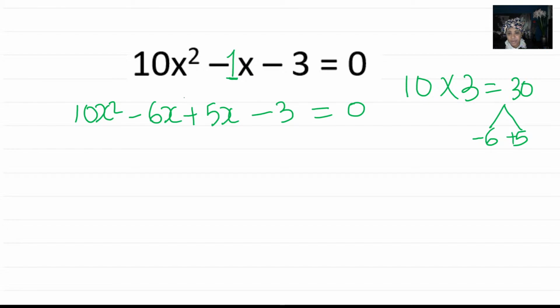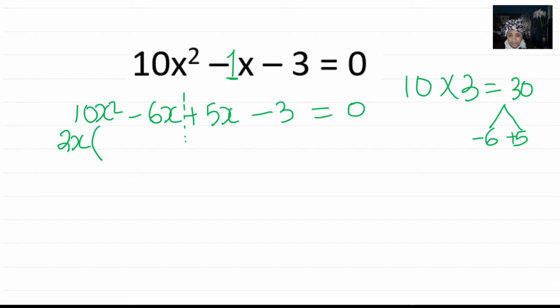Okay, so now we have our brackets right there. Common here is 10x. Well done. Minus 6 plus 5, guys. Remember the -6 there. Okay, but the numbers are right. Well done. So we're going to have a 2x outside, and then we need a 10.